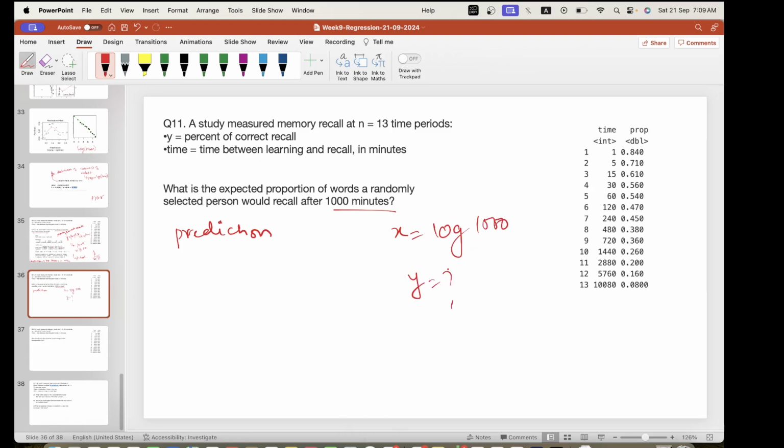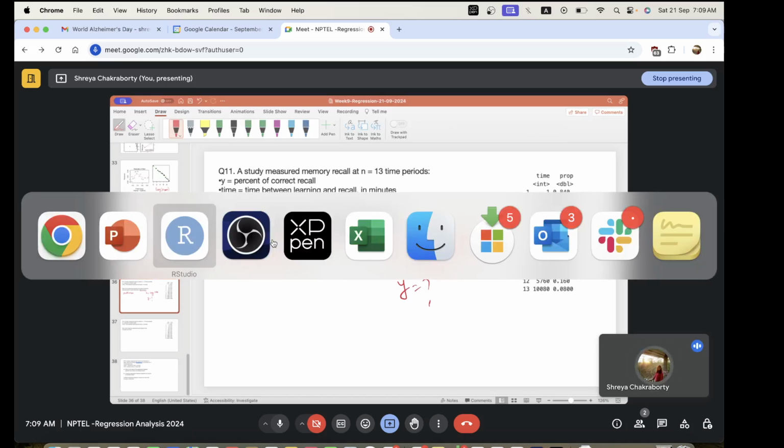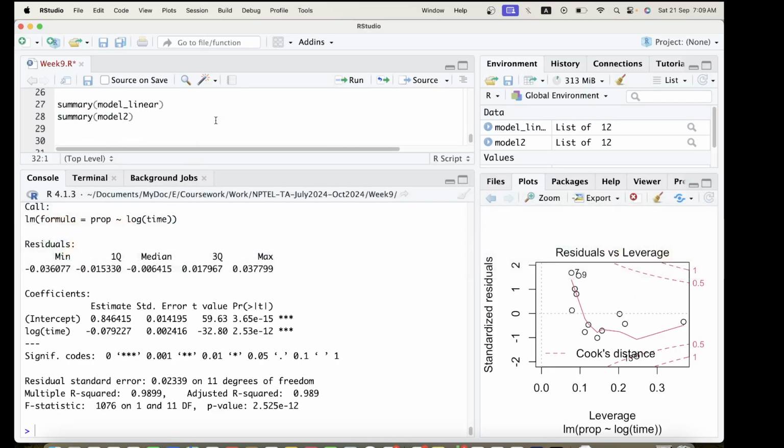In order to do this, we can use the predict command. So how do we use this predict command?